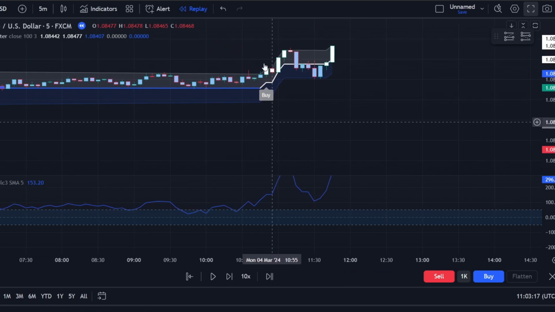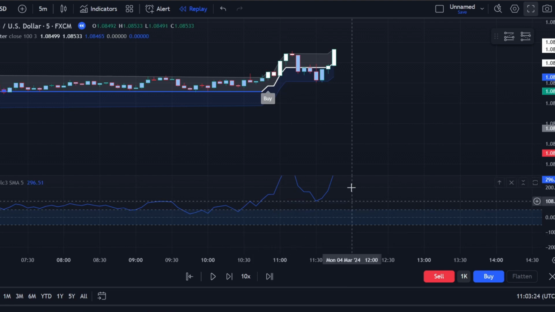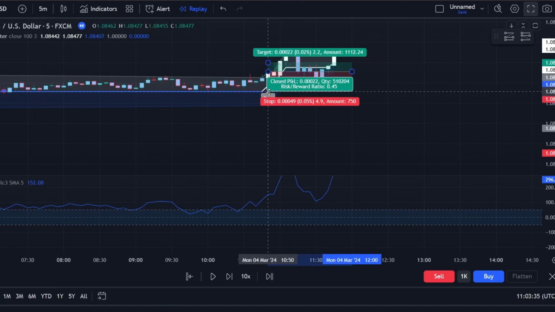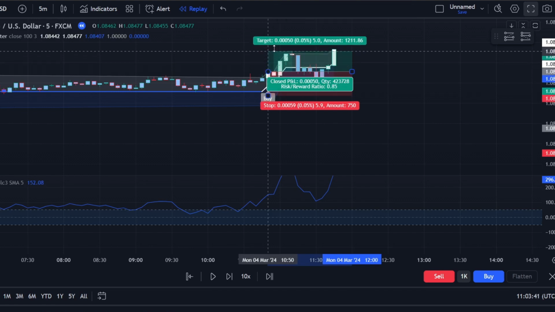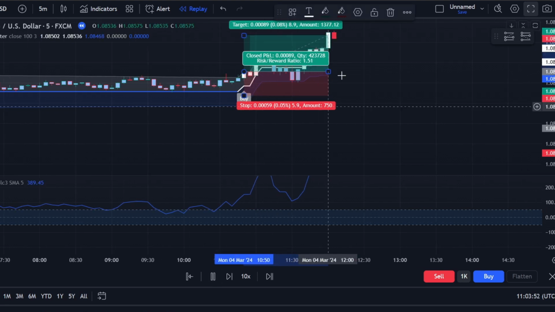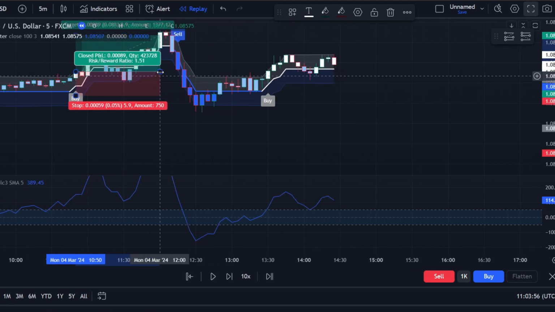Here, the first indicator gives a buy signal and the second indicator's line is above this 50 line. It confirms this signal. I take a buy position. I put the stop below the middle line and make the risk reward ratio at least 1 to 1.5. Let's see the result. The signal is also a successful signal.